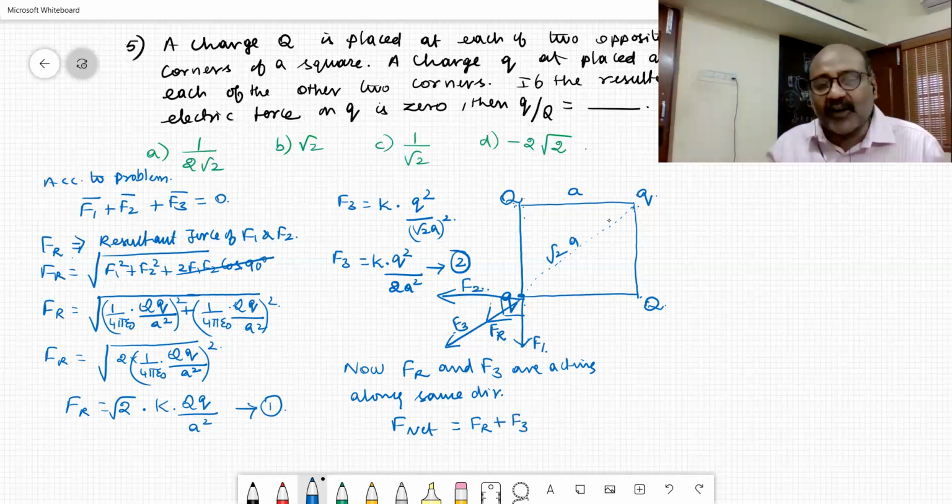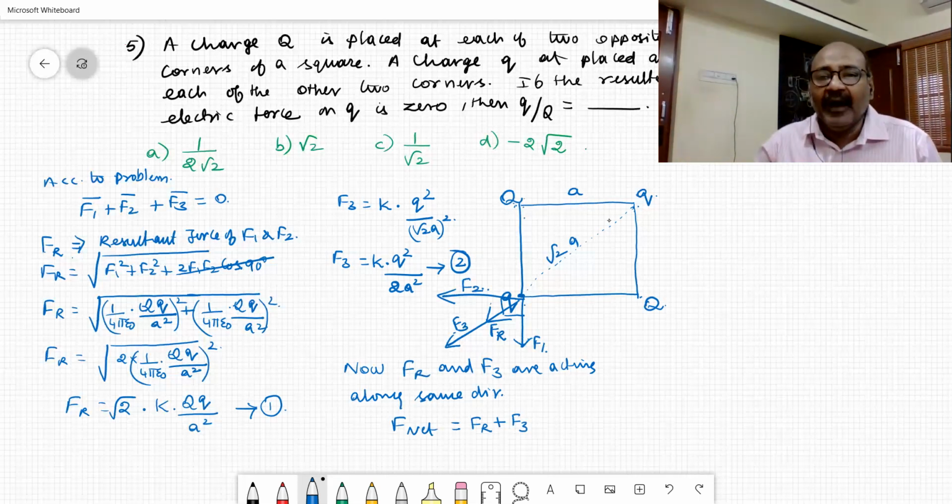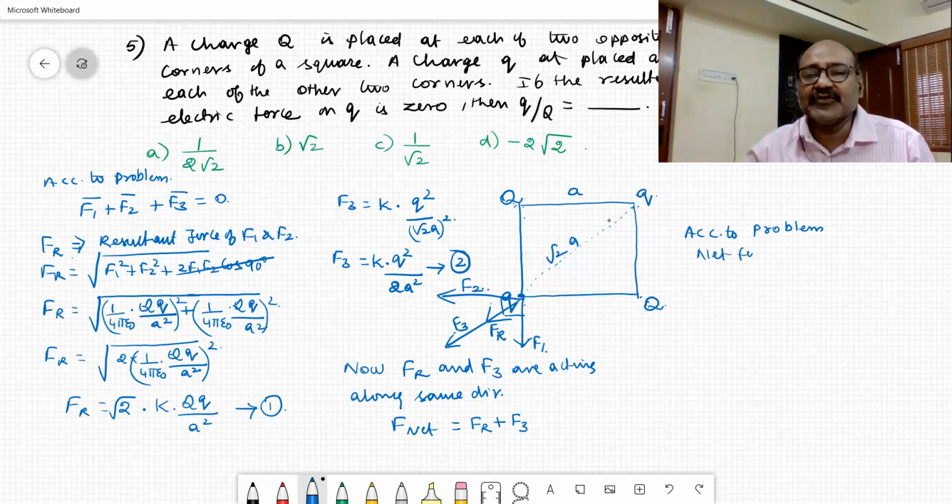Since both are acting along the same direction, I am writing the total magnitude. F net is equal to Fr plus F3. According to the problem, the net force on that small charge Q is given as 0. Therefore, F net equal to 0.